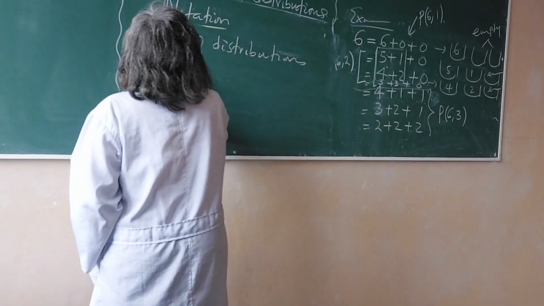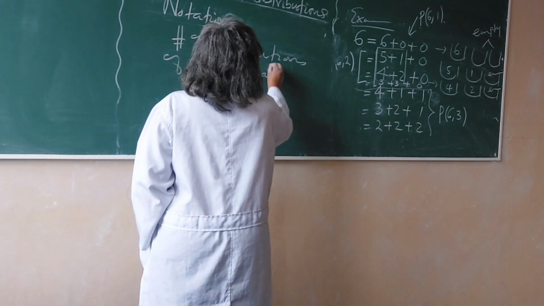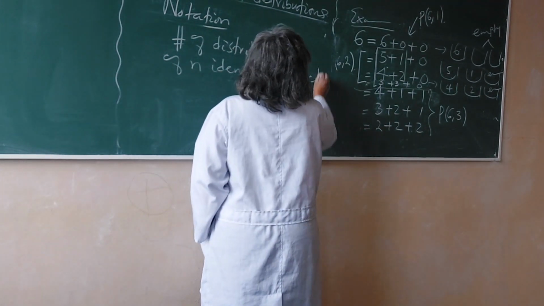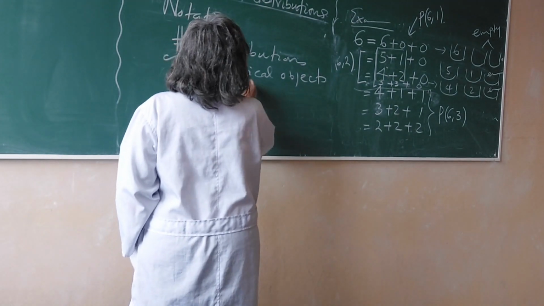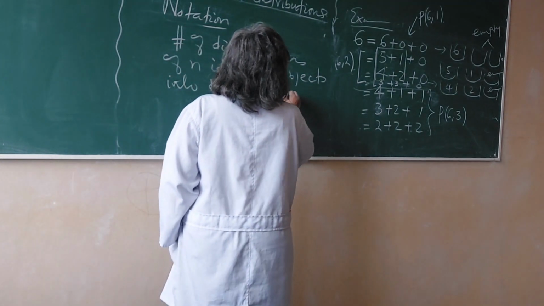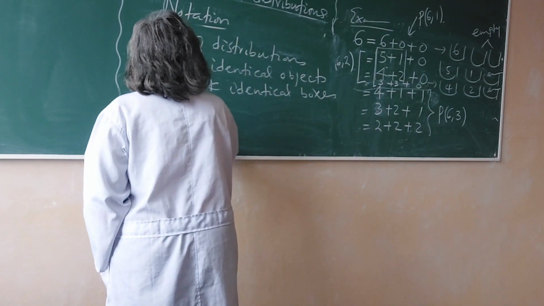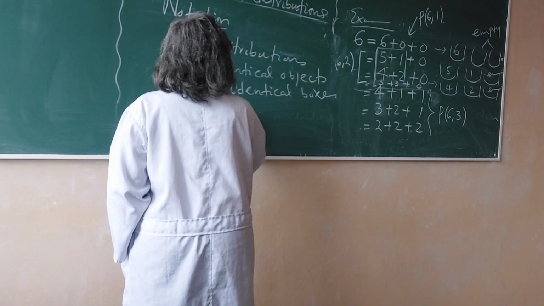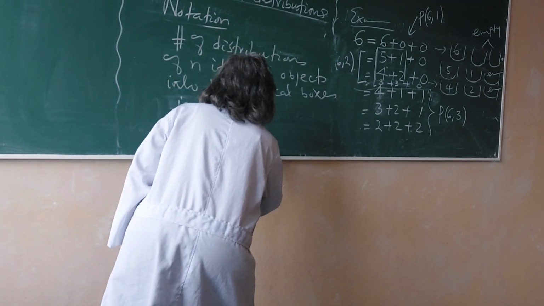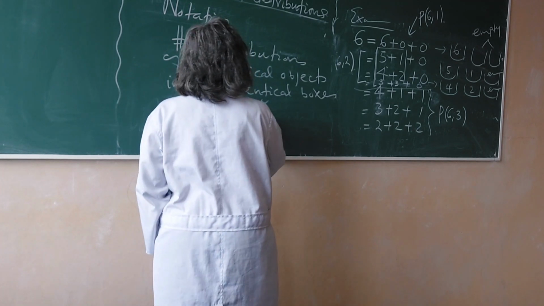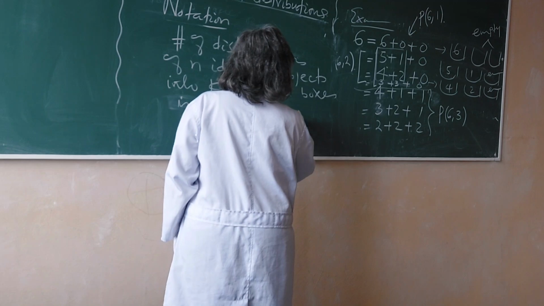of n identical objects into K identical boxes, that is given by the sum, j varying from 1 to K, of P(n,j).